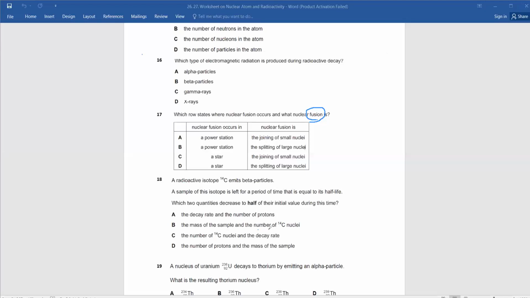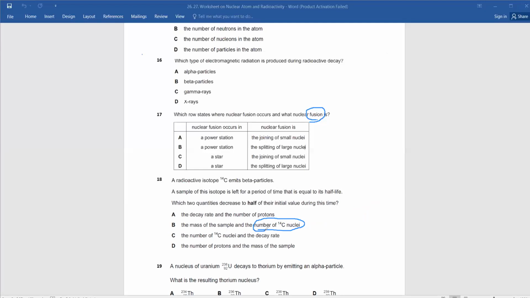Okay, so this one changes to nitrogen. For example, at the beginning you had 100 carbon 14 nuclei. Now after one half-life there will be only 50 carbon 14, and the other carbon 14 are converted to nitrogen. Okay, is it clear now?